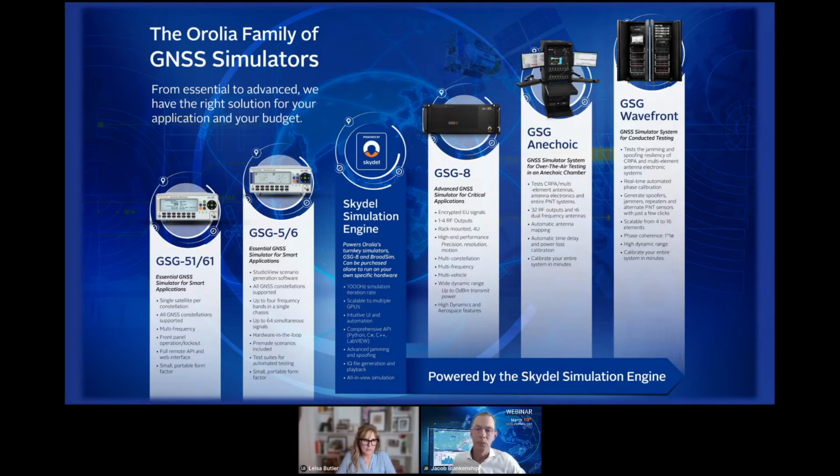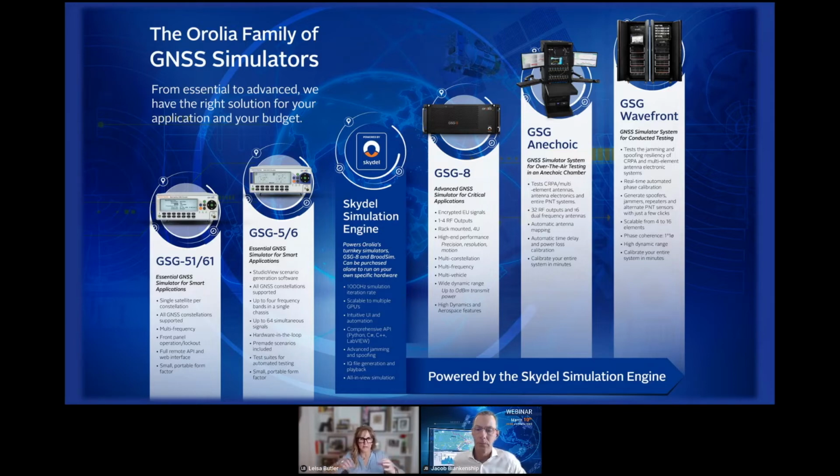So maybe we'll spend a little bit of time walking through the portfolio here. If we just look at the left real quick, you'll see a GSG 51 and 61 and a GSG 5 and 6. Those models formerly were also called the Spectracom simulator. It's about half rack width, I think 4U high, a smallish simulator.